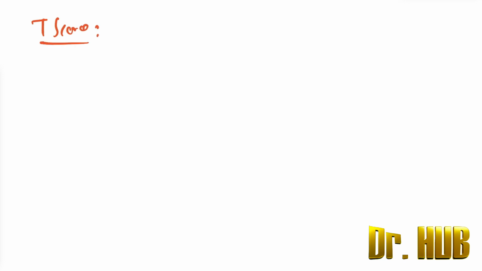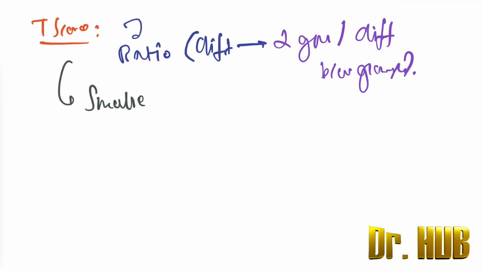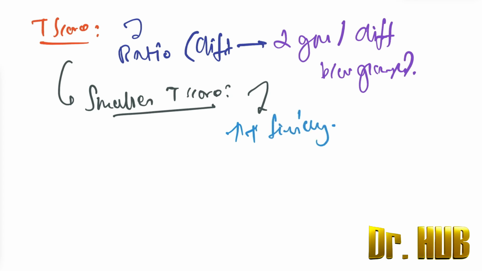The T-score is a ratio: the ratio of the difference between the two groups to the differences within the groups. The smaller the T-score, the greater the similarity between the two groups, and vice versa.